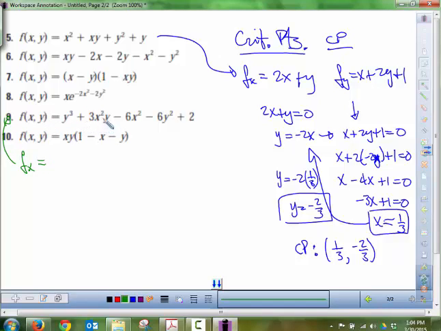So fx looks like it's going to be 6xy minus 12x, and everything else is 0. With respect to y, this is 3y squared plus 3x squared, 0 minus 12y, and then 0. Did I do that correctly?